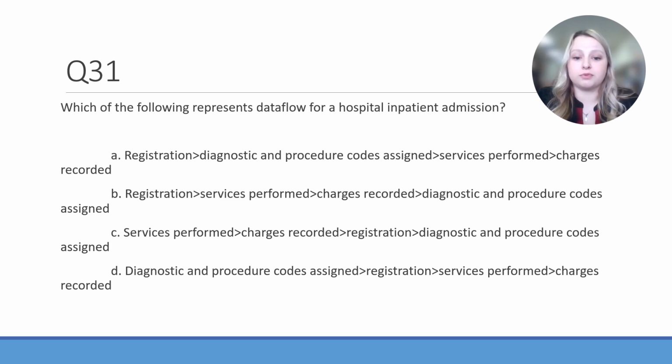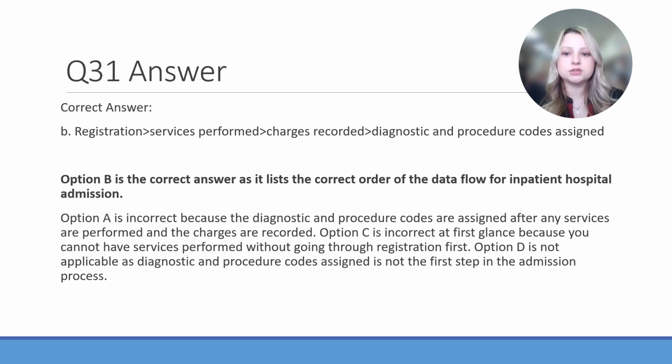C. Services performed, charges recorded, registration, diagnostic and procedure codes assigned. Or D. Diagnostic and procedure codes assigned, registration, services performed, charges recorded. The correct answer for question 31 is going to be B. Registration, services performed, charges recorded, and diagnostic and procedure codes assigned.